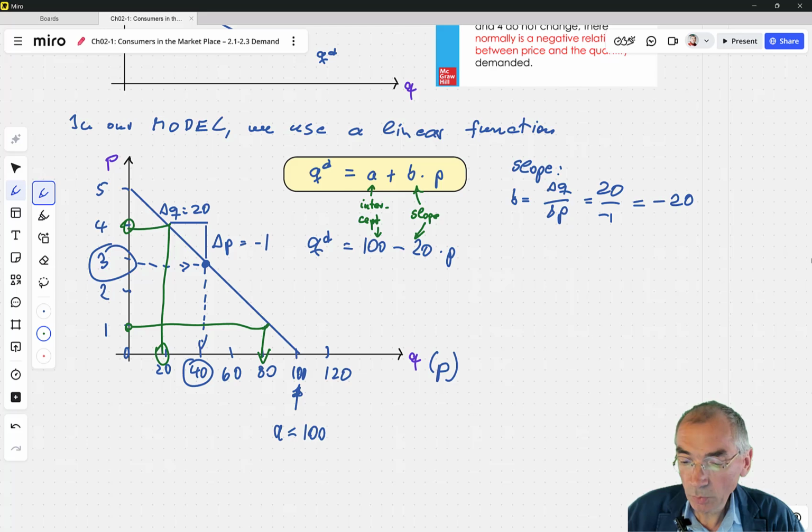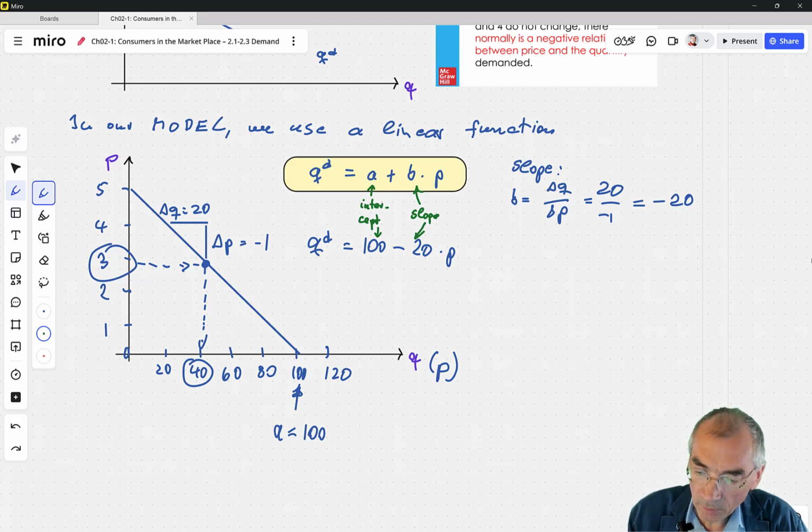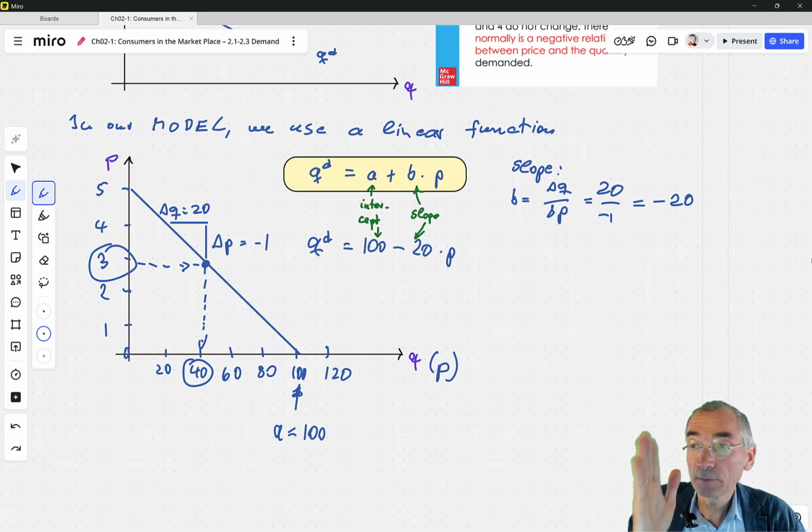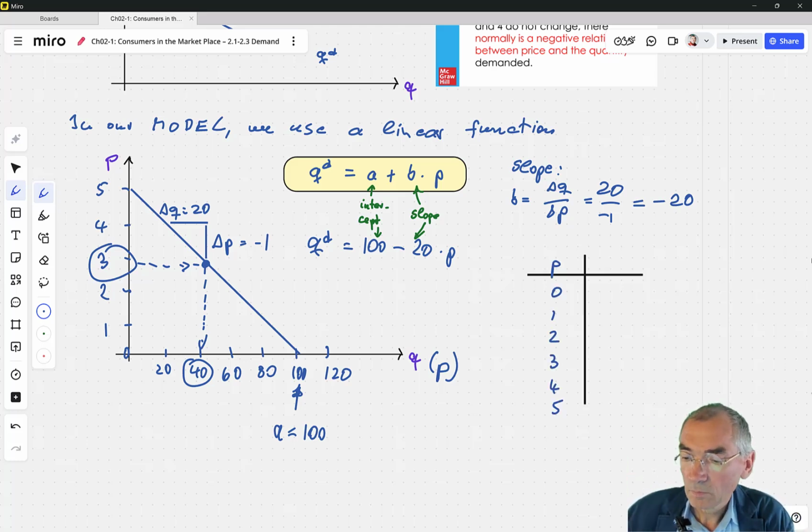Besides these two, we could also say, let us talk about this relation: for 4, I can go here and then the demand is 20. For 1, I can go here and then the demand is 80, and so on. And put this in a value table where we have the values of the dependent and independent variables.